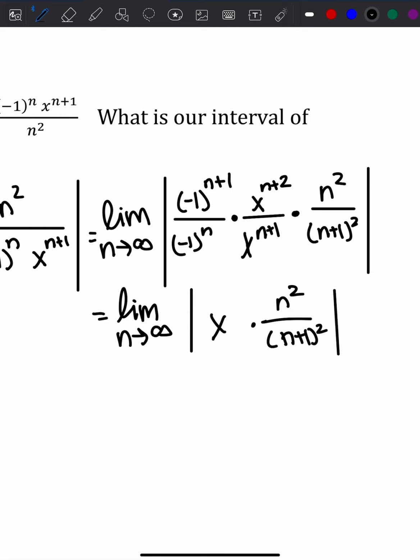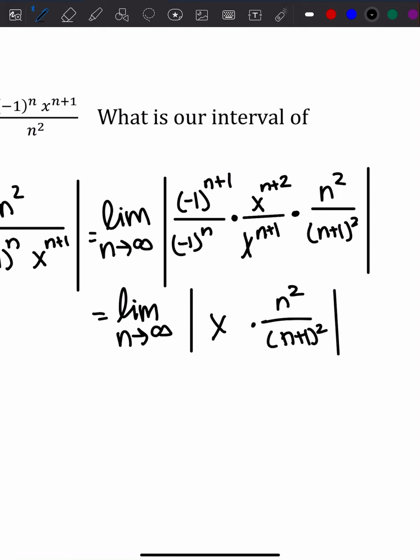Things that we need to remind ourselves with limits is that if it's a constant number, then we can go ahead and pull it out front. And one of the things that we want to remember is that later on, when we plug in values for x, because x is not the variable that the limit is approaching, it is a constant number, because what we're really thinking about is plugging in a number for x and doing a test.